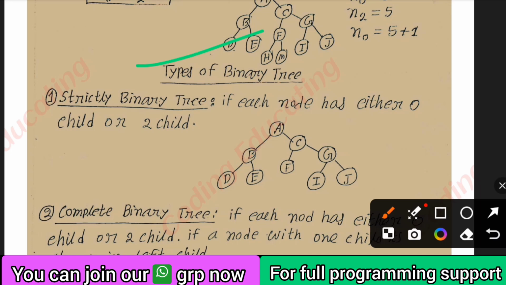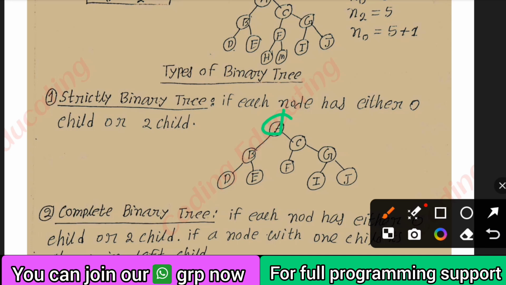Now we are discussing the types of binary tree. How many types are there in binary tree? Strictly binary tree at first. If each node has either 0 child or 2 child, then that is called strictly binary tree.